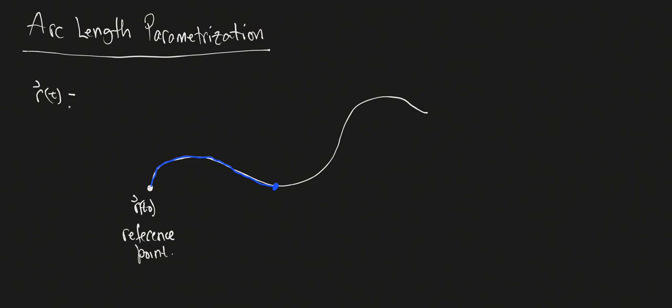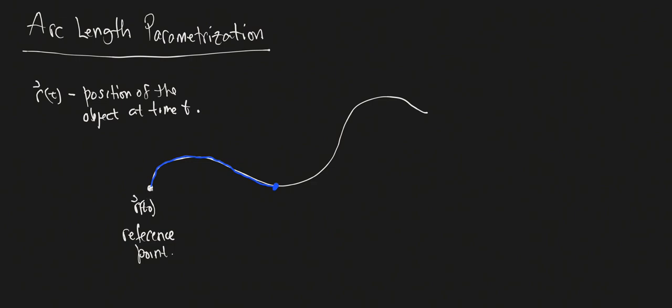In fact, this is how we came up with the idea of computing things like velocity, acceleration, etc. So let's say t0 happens to be t equals 0.